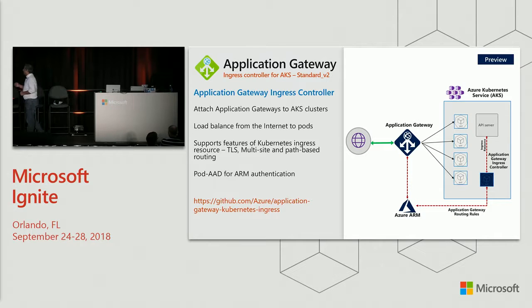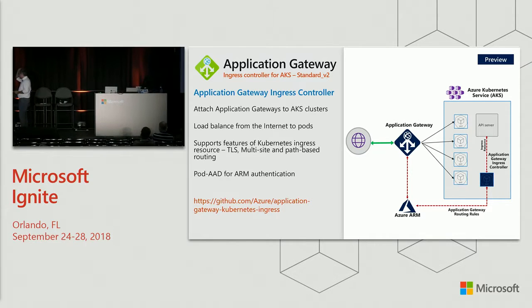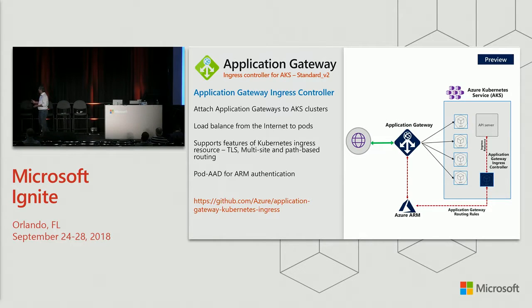So essentially, what it does is when Kubernetes adds a new service, it sends an ingress request. And if it is annotated correctly that I want application gateway to be my ingress, then it uses our own pod, which is running a small service, an ingress controller, which translates those calls into application gateway API calls.